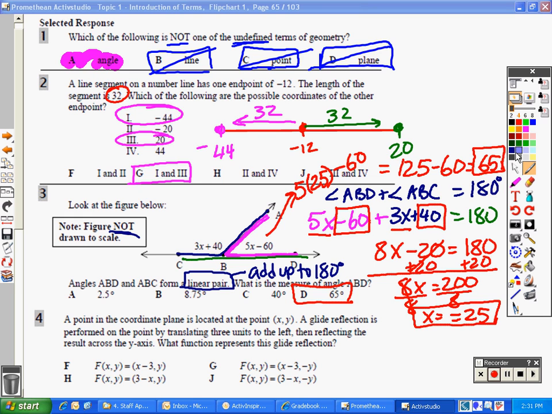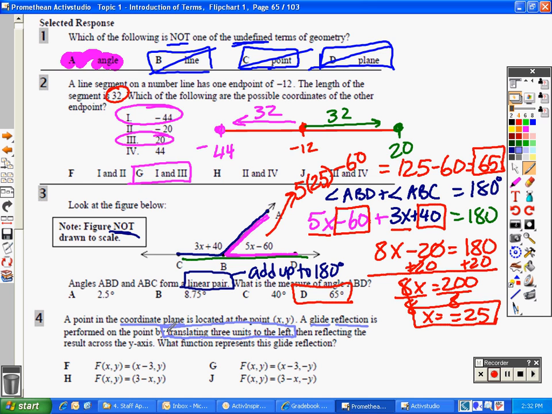This is a coordinate point in the plane being moved by a glide reflection. This is just saying that first we're going to move it, gliding it, translating it, and then we're going to reflect it. So let's just break it down one by one. First, it will be translated 3 units to the left.